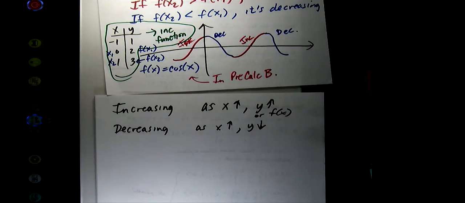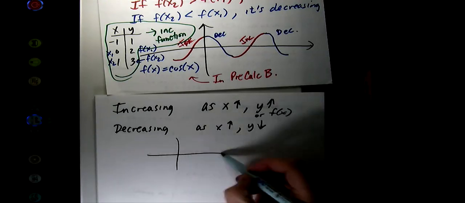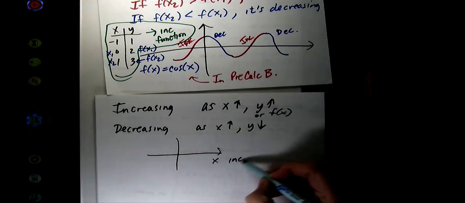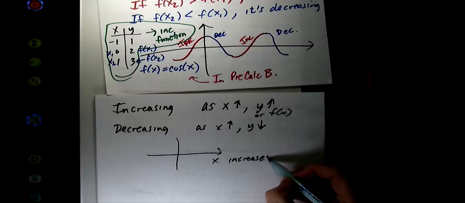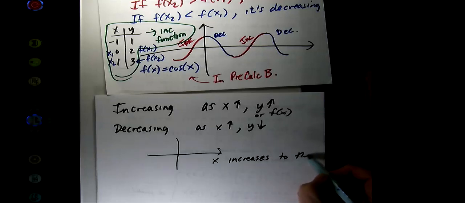Everything is left to right, just like we write in English. On a graph, x increases to the right, so you're making a comparison of what happens with y or f of x as x goes up. All right, let's take a 5-minute break.